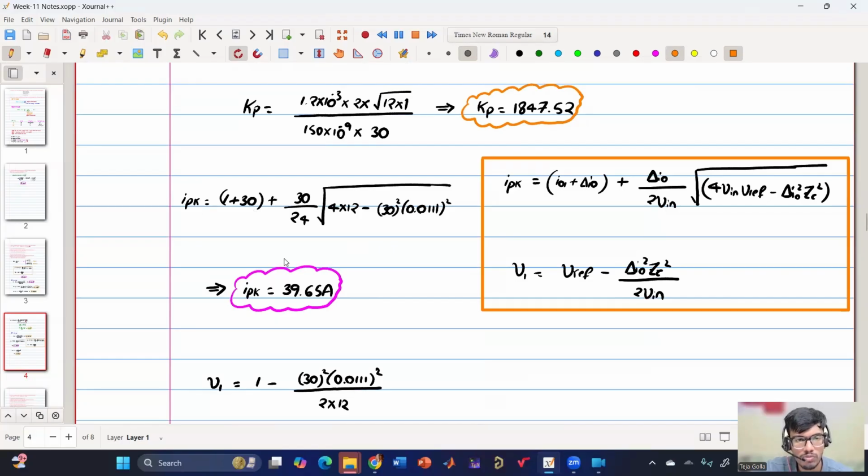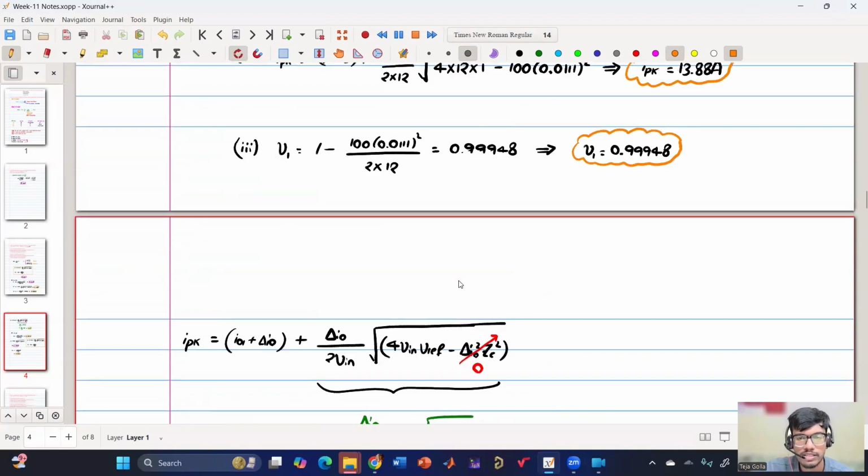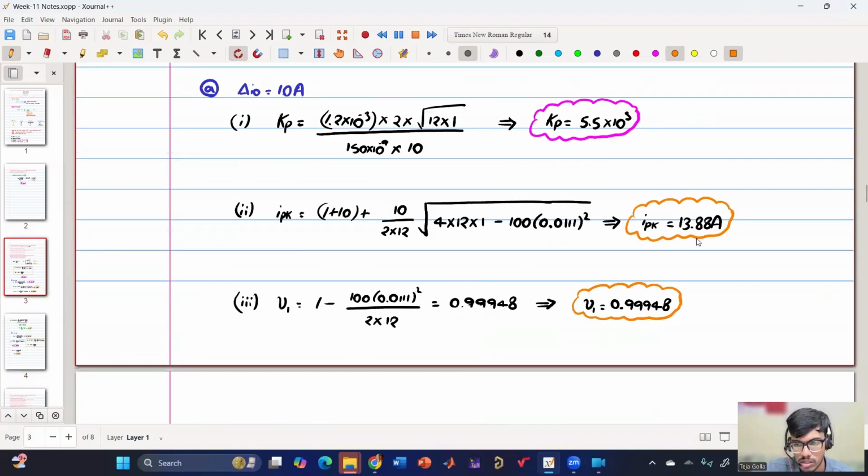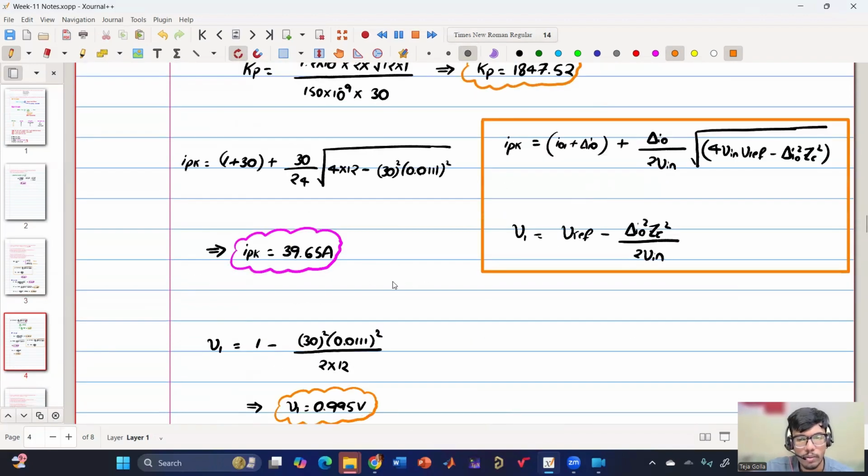So now this term will increase because it is proportional to delta I naught. Previously, it was just 3 amperes above the new steady state, 2 amperes basically. Now it is almost 7 to 8 amperes extra.